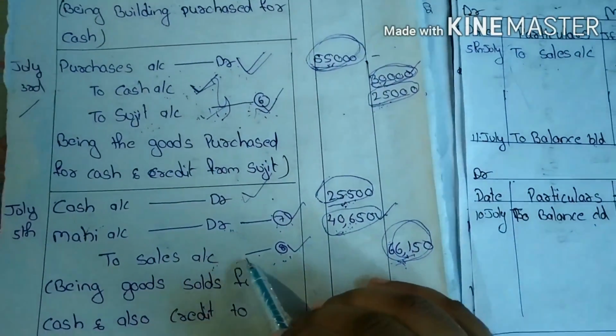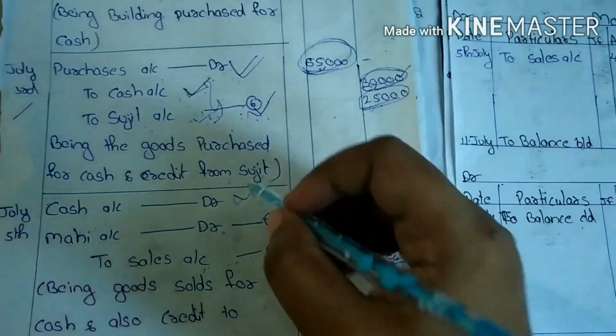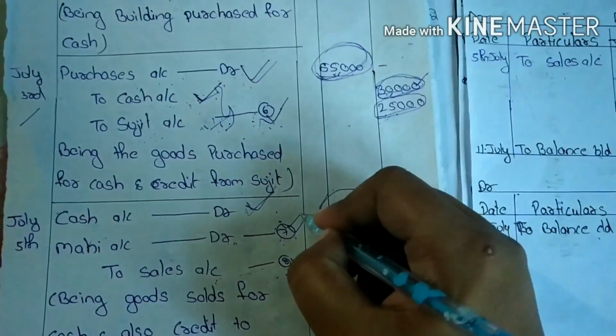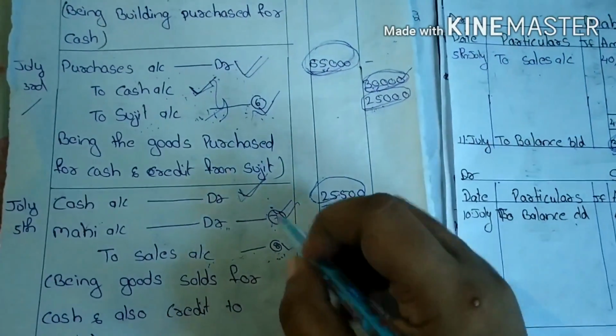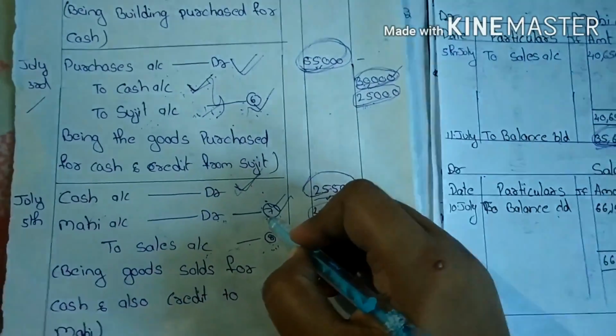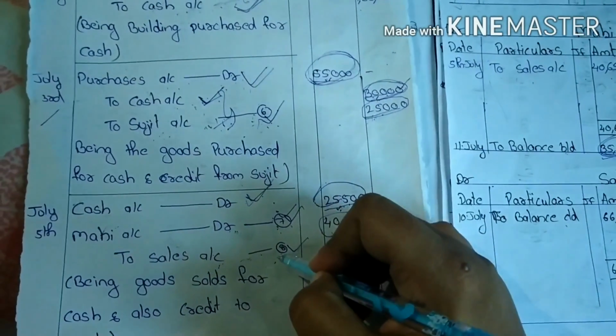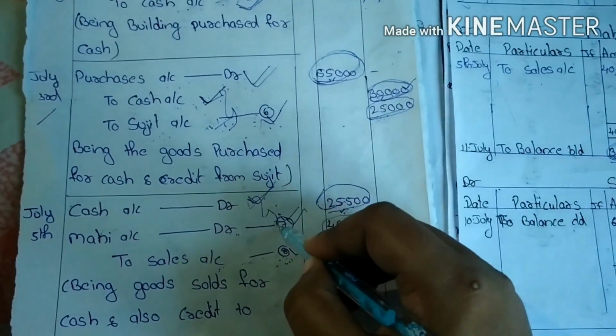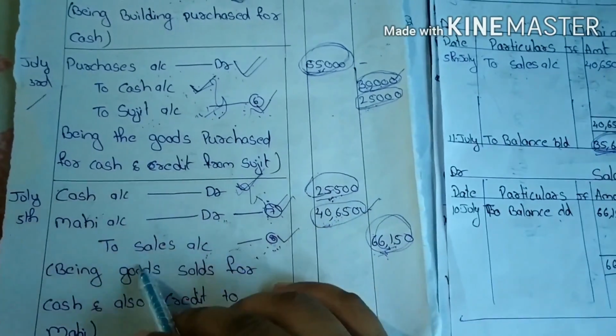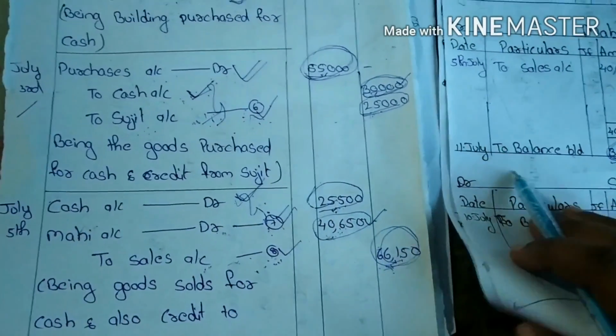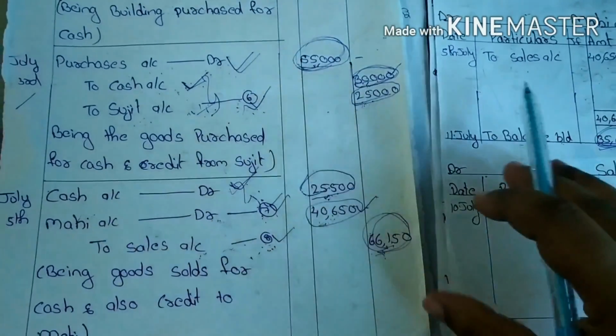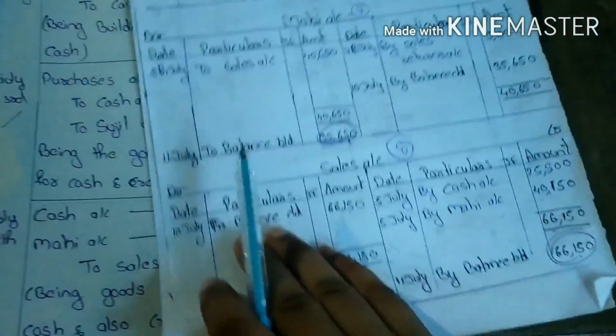So here the sales account should be on the credit side. See, this is the cash sale and this is the credit sale. So in the sales account both the cash sales and the credit sales should be mentioned and posted, right? So these two are included in the sales account. So here the sales account is on the credit side, right? So both of these should be posted on the credit side of the sales account.